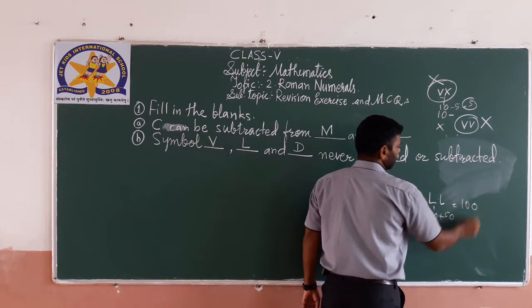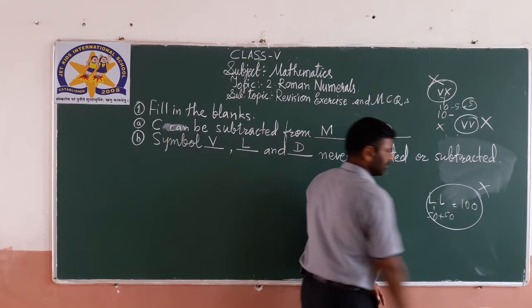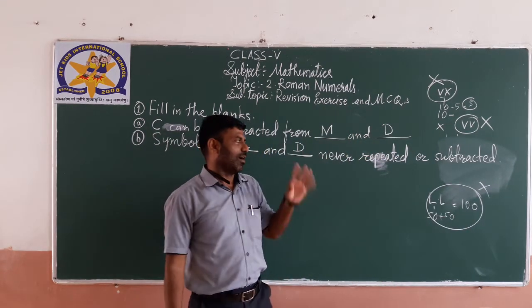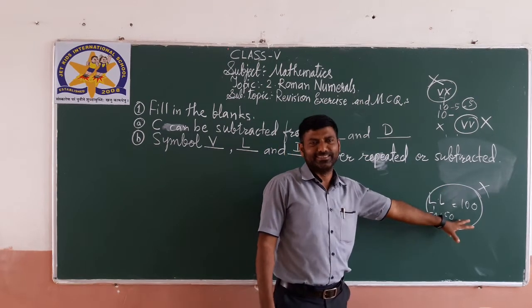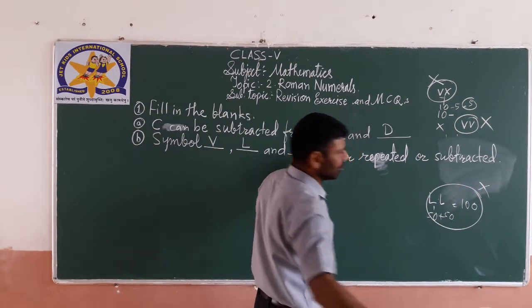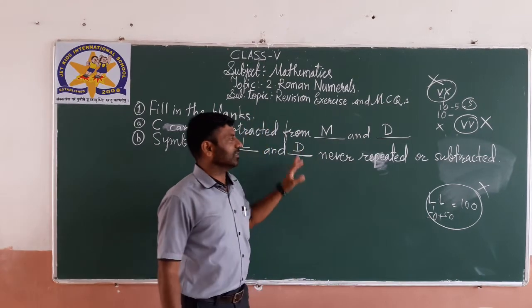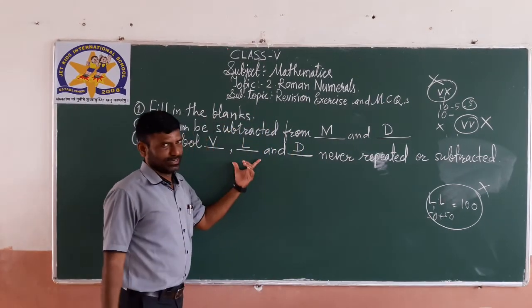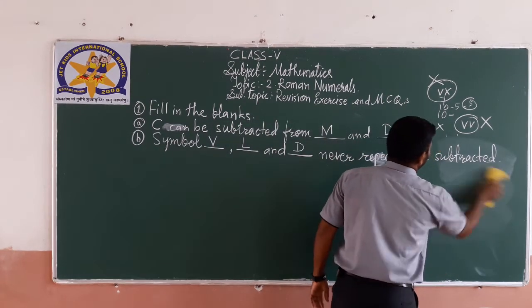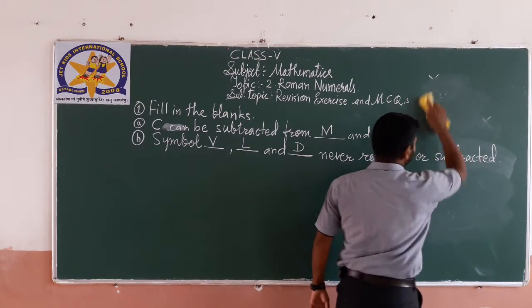That is wrong, because we have a special symbol for 100, that is C. And D also, we cannot repeat or subtract D. Got it? If you learn that, it is very easy to solve. That's why I say learn.